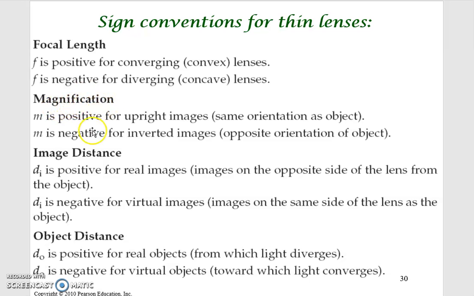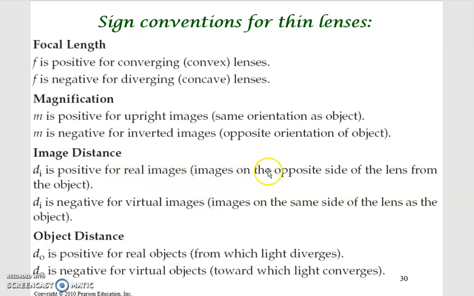And the magnification for an upright image is positive, because both HI and H0 are positive. So still the same as before, and negative for an inverted image. And the image distance DI is positive for a real image, and DI is negative for a virtual image. So what do I mean by real image?